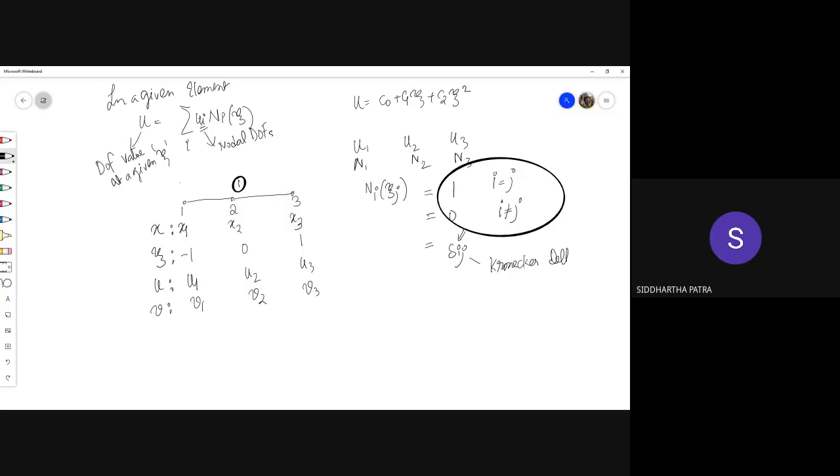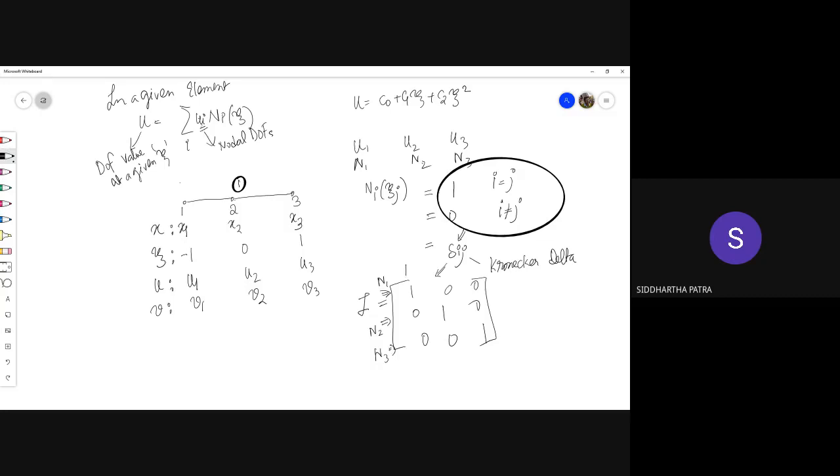Now, what are Kronecker deltas? Kronecker deltas are the different components of an identity matrix. So imagine this is the shape function n1, this is the shape function n2, and this is the shape function n3.